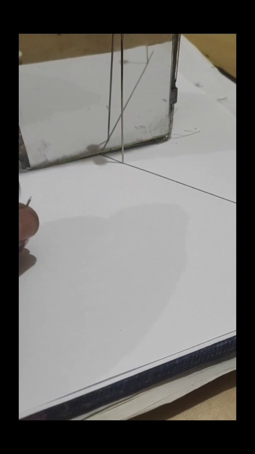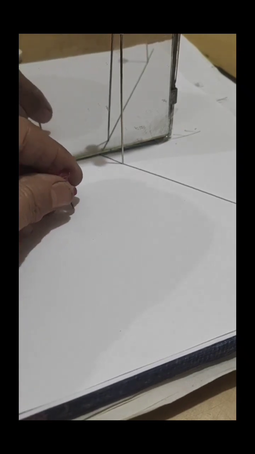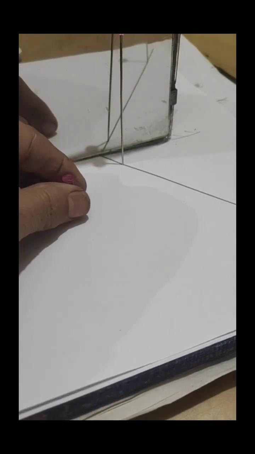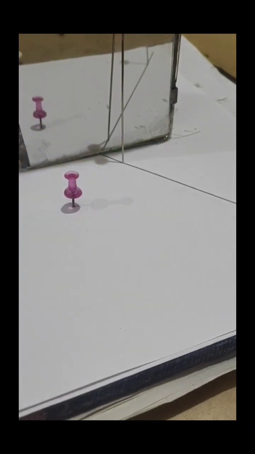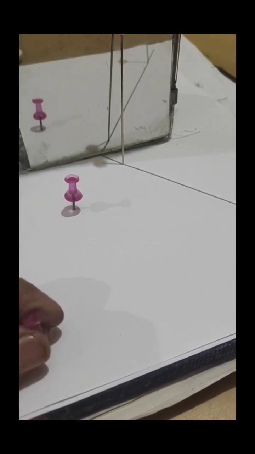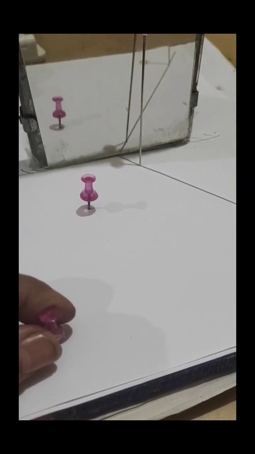One pin I will fix over there, and one more pin I have fixed in a straight line with the two images at the back of the mirror.